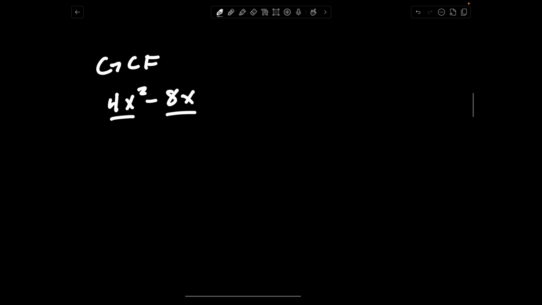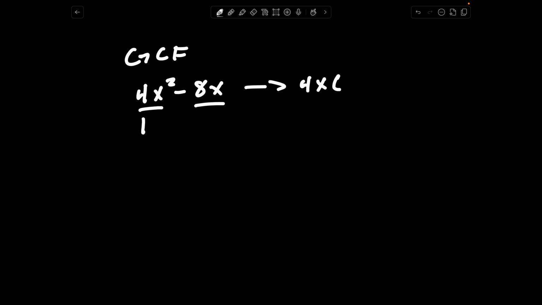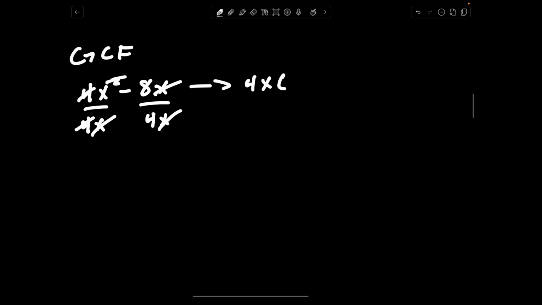So what we can do here is start off with 4x because that's what we're trying to take out, then do parentheses. If you want to think about it, it's like dividing both terms by 4x. Take out the 4, x squared take away x, you're basically just given x. Here, the x's cancel out. 8 over 4, that's just 2.